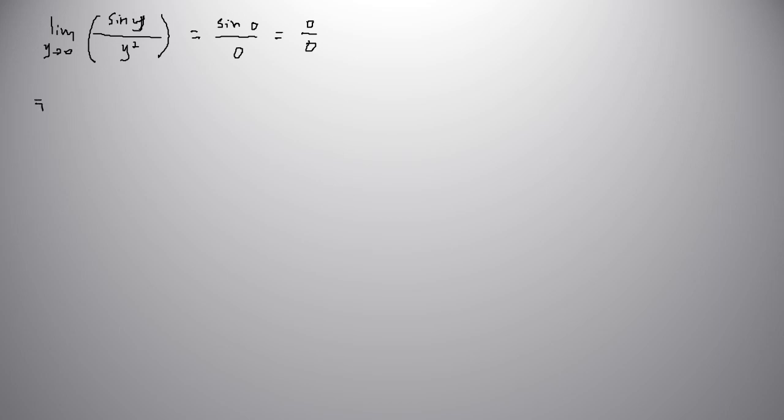So for this question, we can write the limit as y approaches 0. We can adjust it as sin y over y squared. We can separate it as y multiplied by y.